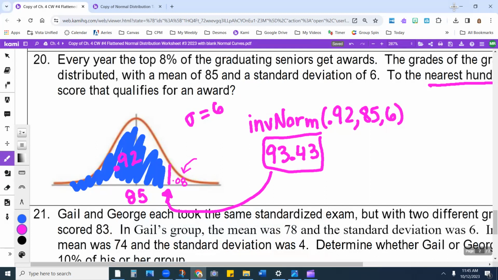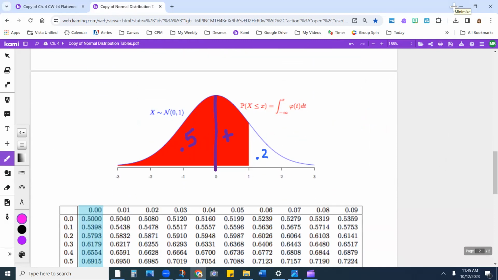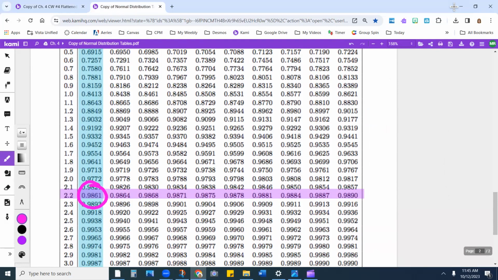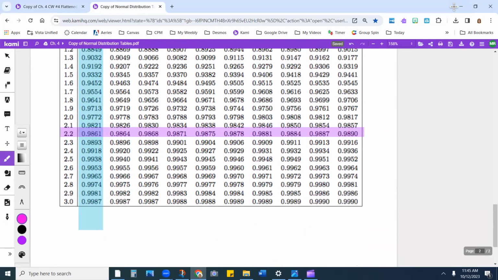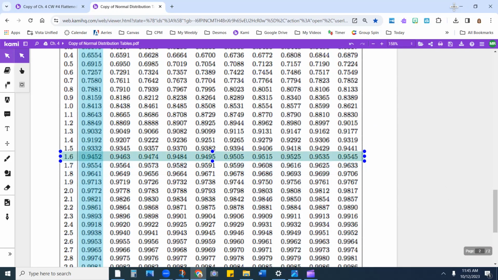Now, if I was doing it on the tables, I would have used the second table that starts from the left side. And I'm not looking for a 0.92 as a z-score. I'm looking for a 0.92 as an area. So I'm going to be looking here for a 0.92.